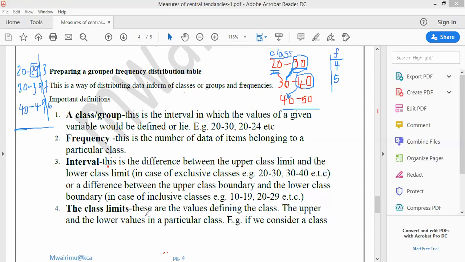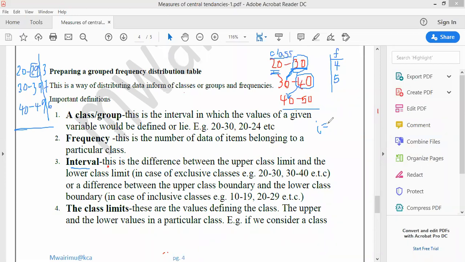Now, we want to separate the case of the exclusive classes from that of inclusive classes in the determination of what we call the class interval. If I want to use the class interval, represented by small letter i, for the classes which are exclusive in nature, you just take the upper limit and minus the lower limit, as simple as that.